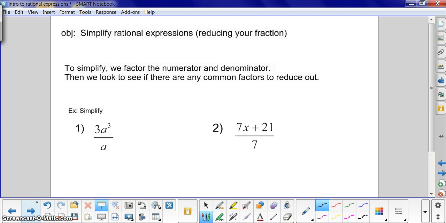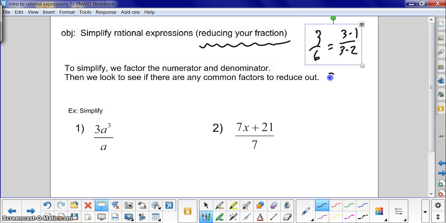So first objective, to simplify rational expressions, basically meaning reduce your fractions. 3/6 can be reduced to 3 times 1 over 3 times 2, and any number divided by itself is 1, so I end up with 1 times 1/2. 1 is the multiplicative identity, so multiply that times anything, you end up with the anything. So 3/6 equals 1/2, a very basic example of reducing your fraction.